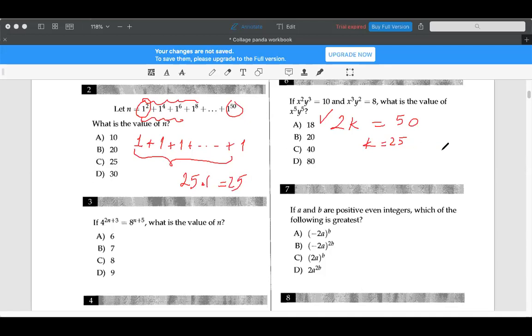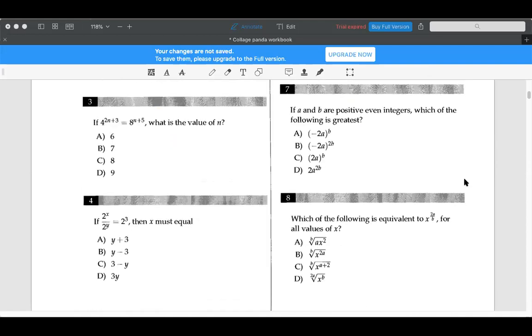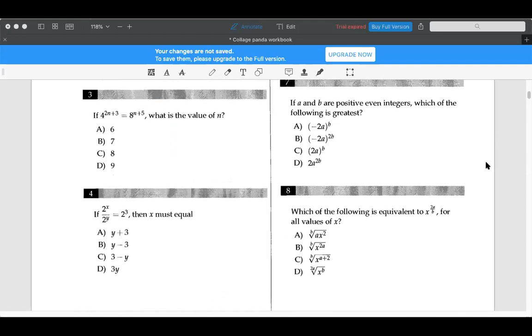Okay, question number 3. Let's try the question number 3. Try to get the same base, like 2. How could it be base 2? 2 to the power of 3, we make for 8.